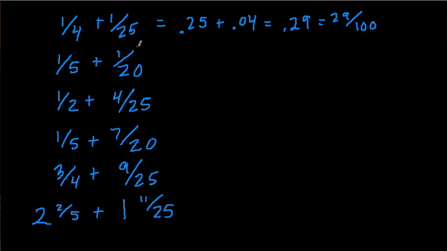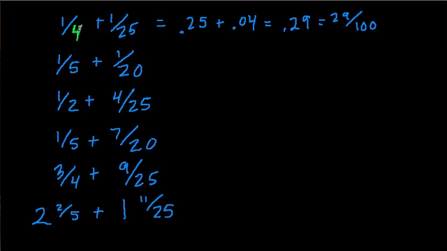So if we were to add up these two fractions, a fourth and a 25th, you can think of a fourth as 25 cents and a 25th as 4 cents. And you might notice a cool connection here, and I'm not going to get into it too much in this video, but I want to point it out because I love this stuff in fractions. Here we have 1/4 with a 4 as the denominator.